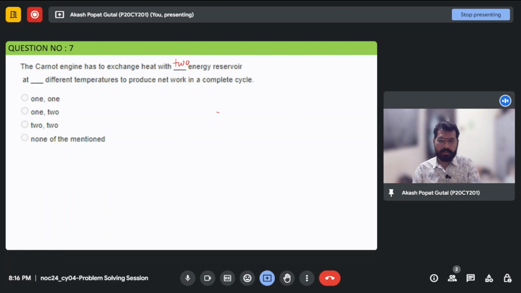The energy reservoirs must be two, at two different temperatures, to produce net work in a complete cycle. So the answer should be two.